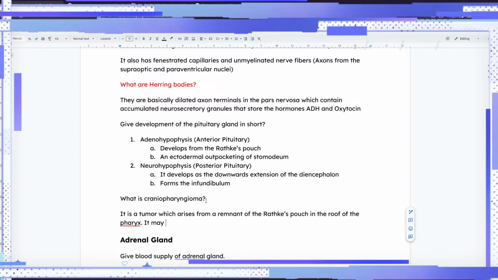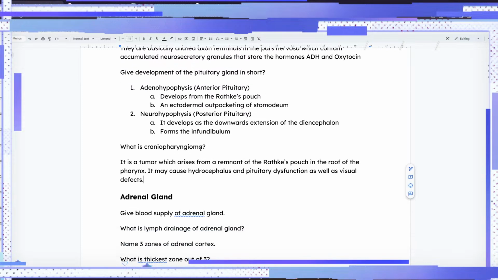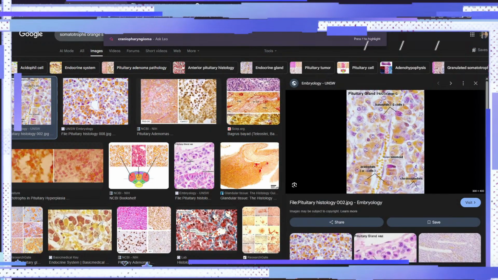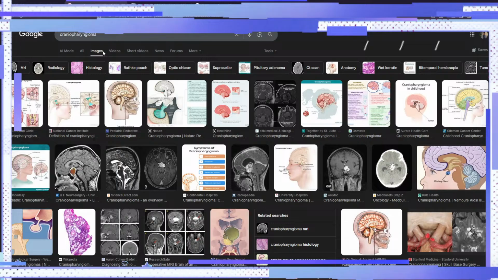It may cause hydrocephalus and pituitary dysfunction as well as visual defects. Okay, very sad. Let's add an image. Craniopharyngioma. That's incredibly sad.